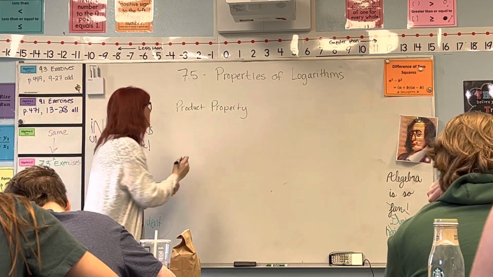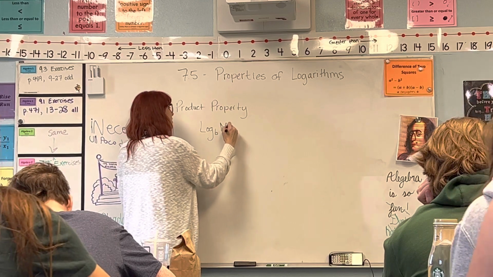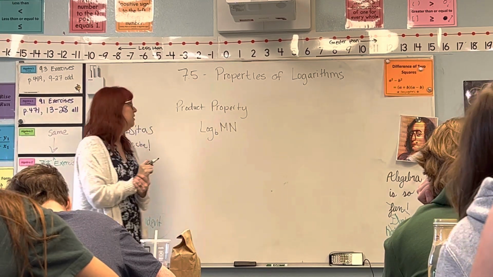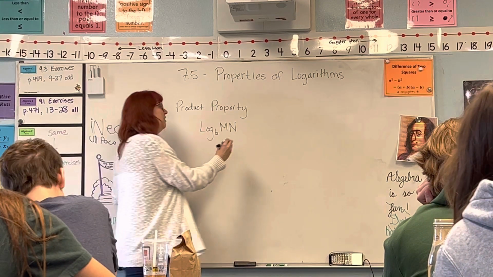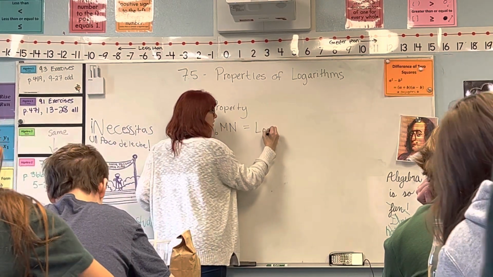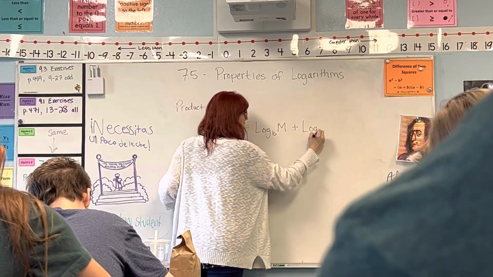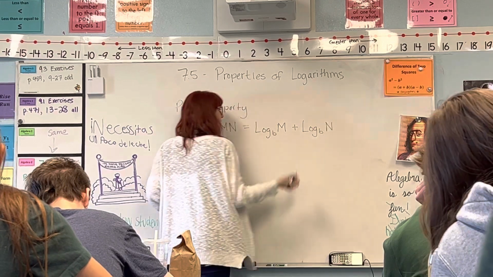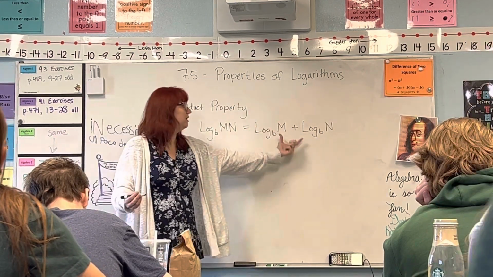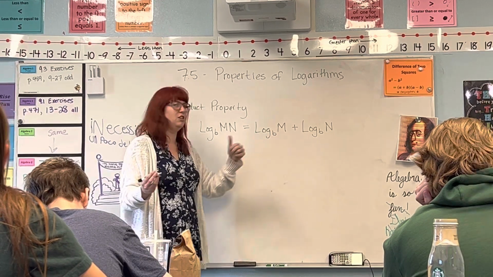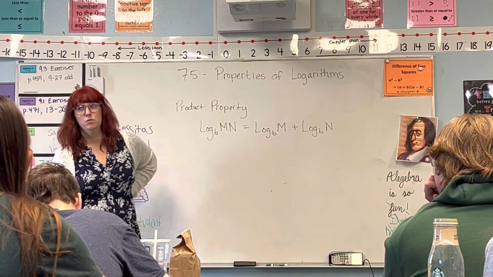The product property says that the log base b of m times n, these are being multiplied, is the same thing as log base b of m plus log base b of n. So multiplication can be split up into addition like this, the log of each, and adding them together gives you the same thing as the log of these multiplied together.